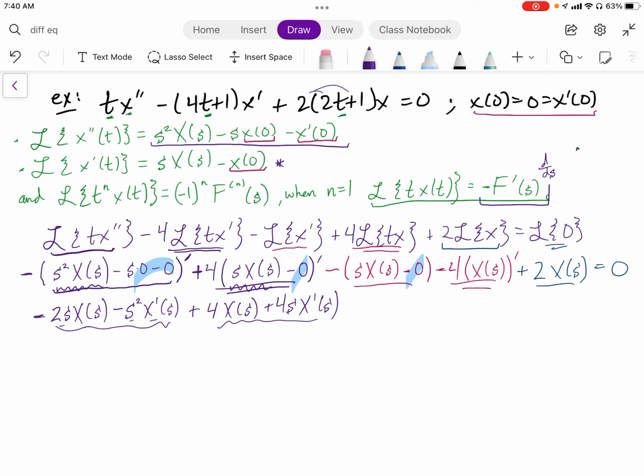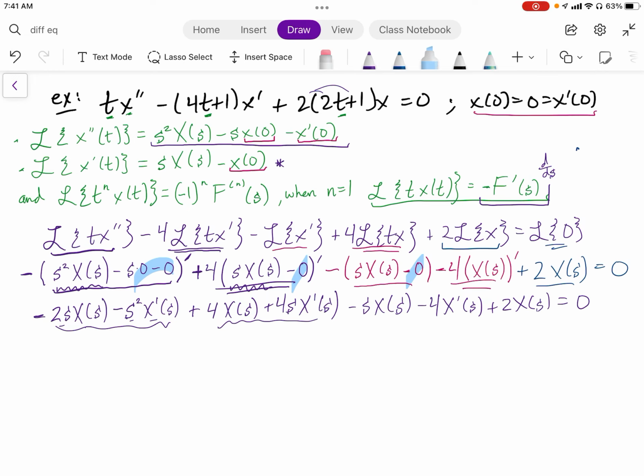The rest is pretty straightforward. We have a negative s x of s, and then negative 4x prime. We didn't need product rule there because we just had one function, plus 2x of s equals 0.